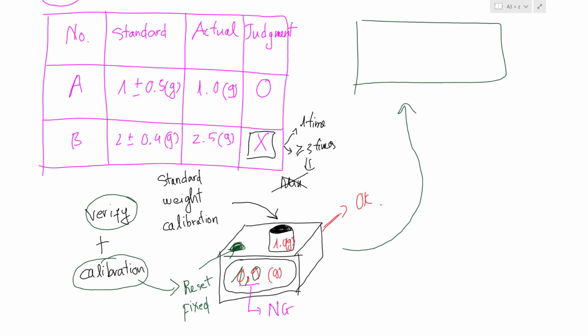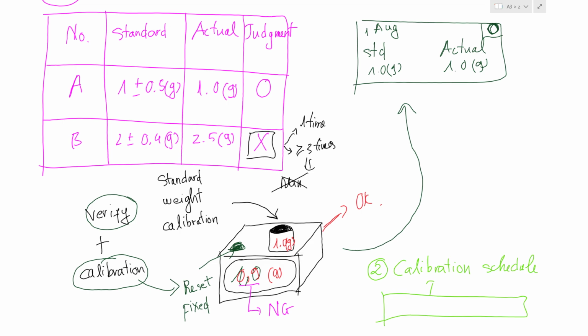For example, here is the date and time, here is the standard 1.0 gram, and here the actual machine reading is 1.0 gram, and you make the final judgment that this machine is still okay. Now come to the second point: with your machine you need to build up a calibration schedule.